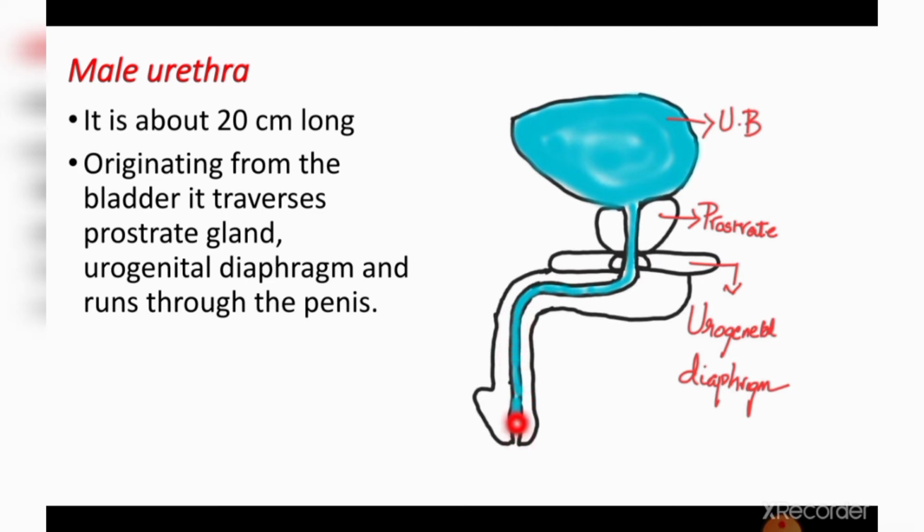So this is the male urethra, which is about 20 centimeters long. Here lies the internal sphincter, and at the urogenital diaphragm lies the external sphincter for the male urethra.